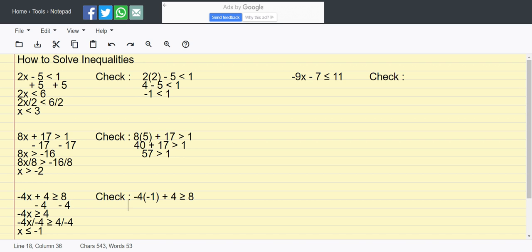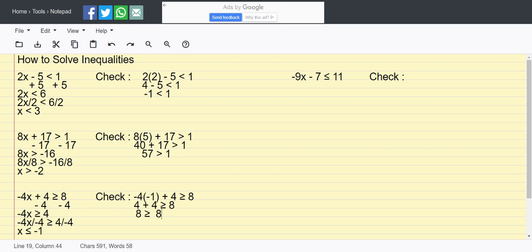Negative 4 times negative 1 is 4, plus 4 is greater than or equal to 8. 4 plus 4 is 8, and it's greater than or equal to 8. So this is true. So the answer is x is less than or equal to negative 1. So any value that is less than or equal to negative 1 would work out for the x value.